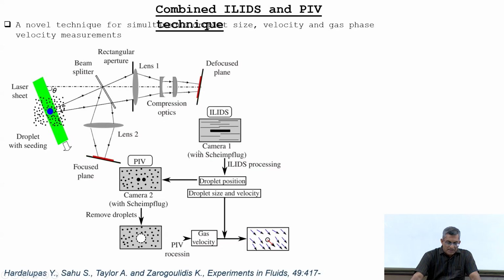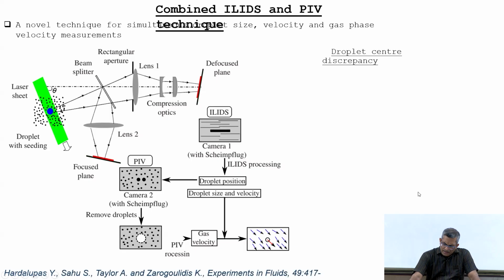Now, in the PIV image, we can remove the droplet because we know the position of the same droplet in the ILIDS image. We can track it and remove that image so that here you have a PIV image devoid of droplets. So, now you process this, okay, and you get the gas velocity. So, finally, you get both particle measurement as well as measurement of the gas flow.